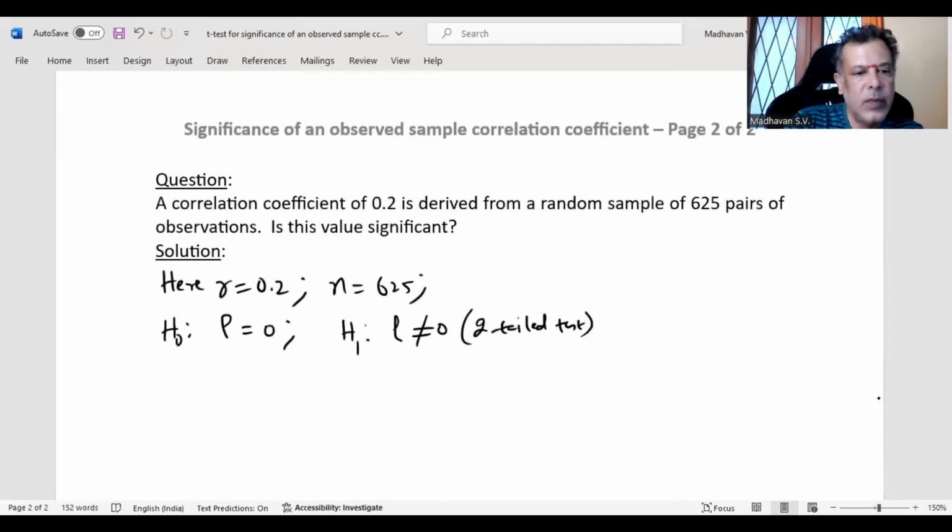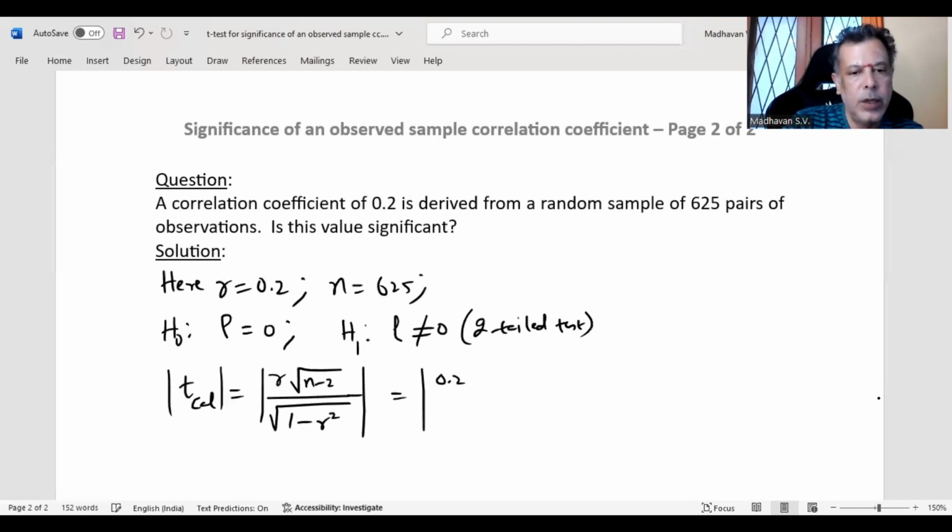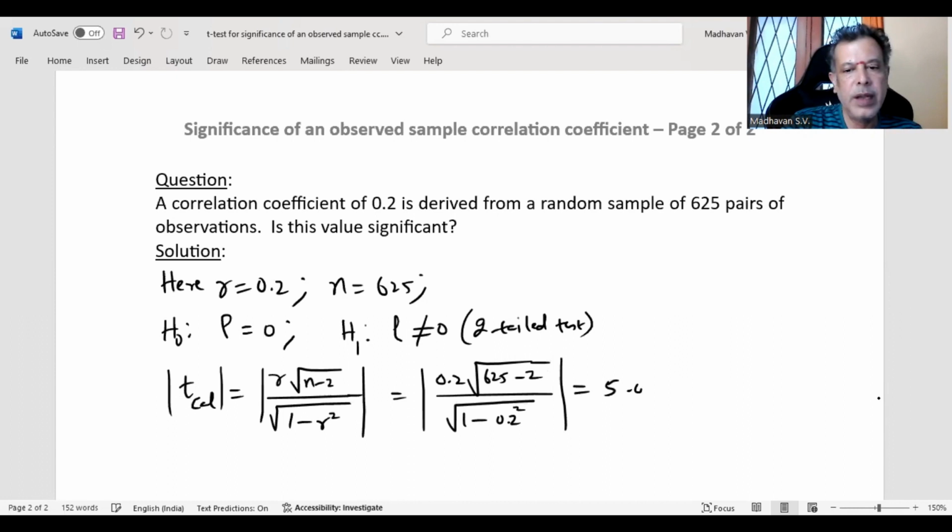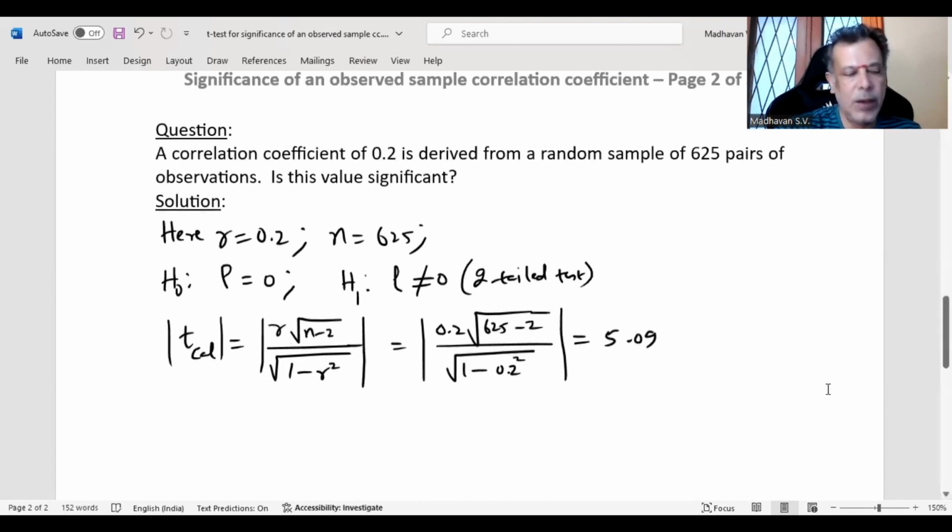Now, the modulus of t calculated is r times square root of n minus 2 divided by square root of 1 minus r square, which is 0.2 times root of 625 minus 2 divided by 1 minus 0.2 square, the whole thing under the square root. If we calculate this, we get 5.09 as the calculated value.